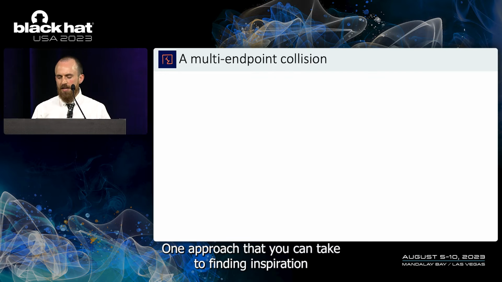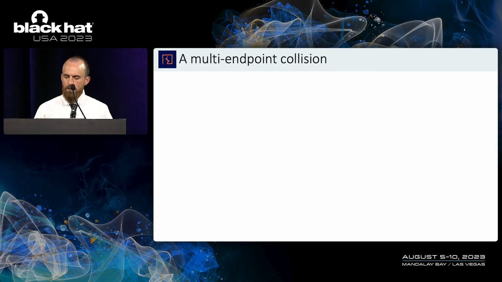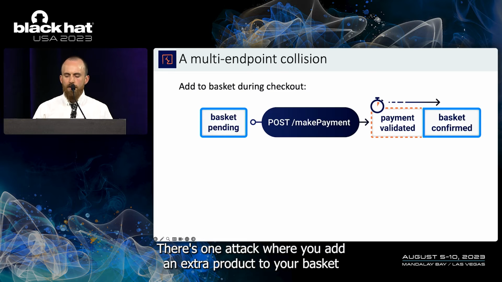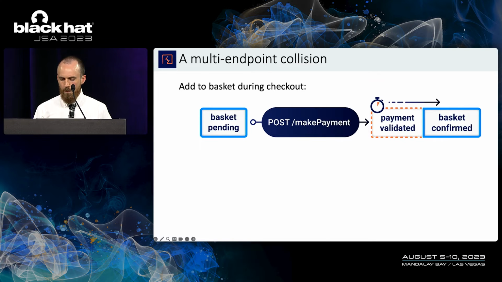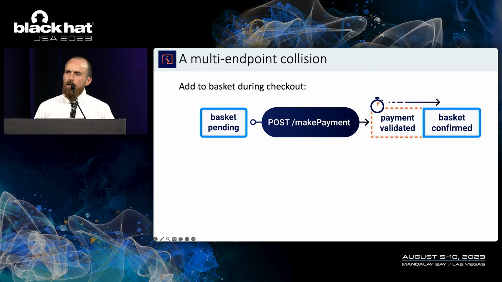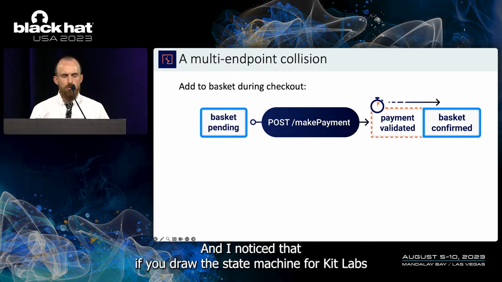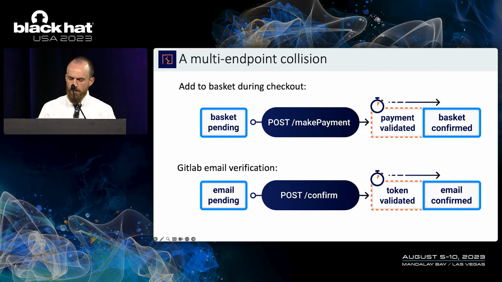One approach that you can take to finding inspiration for advanced race condition attacks is to look to classic multi-step exploits and see if there's a race condition adaptation. There's one attack where you add an extra product to your basket during an online checkout when you're doing the payment process. And if you time it right, then you get the extra item for free. And I noticed that if you draw the state machine for GitLab's email verification process, it looks quite similar.